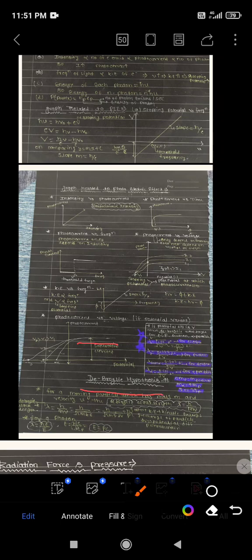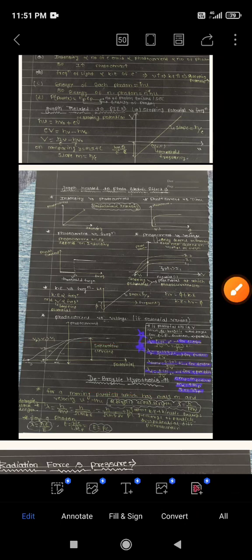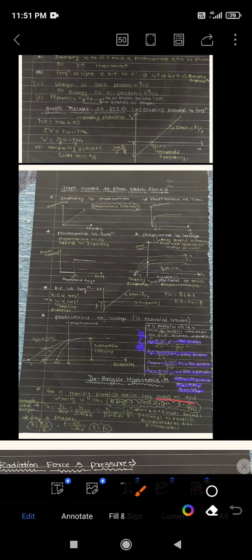De Broglie hypothesis. For a moving particle which has mass m and velocity v, the de Broglie wavelength is lambda equal to h upon mv, and mv can also be written as under root 2mKE, where KE is the kinetic energy, and kinetic energy can also be written as q into delta V, where delta V is the stopping potential.